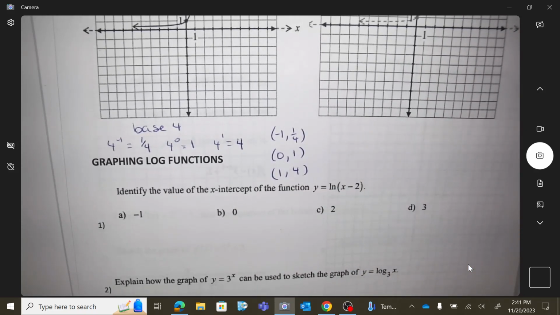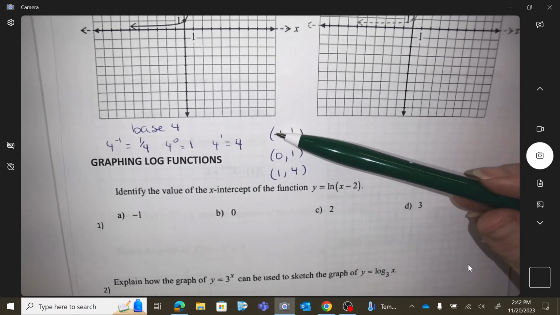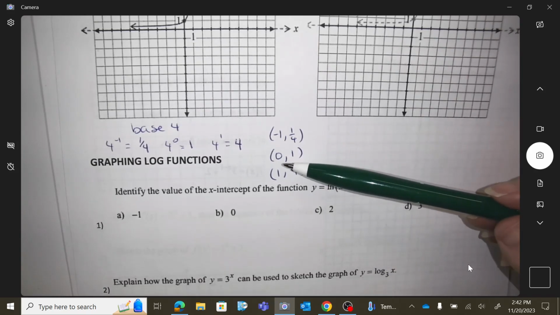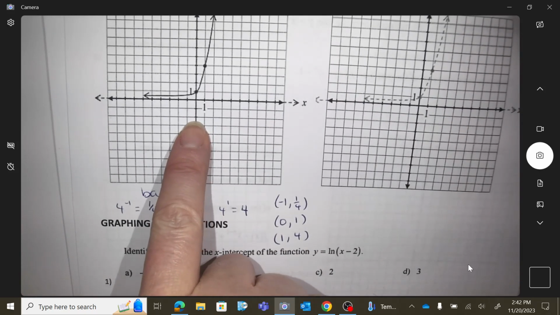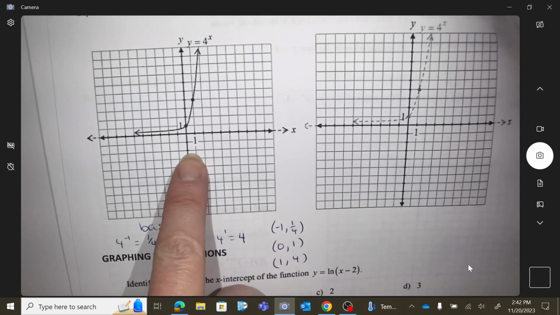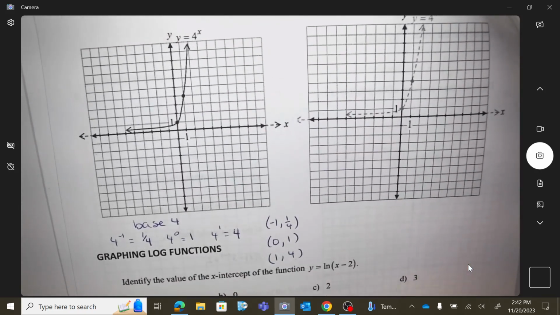Okay, so my coordinates would become exponent, comma, result. Input, output. It was actually already graphed for you. So that's that graph. So you see my 0, 1, 1, comma, 4.